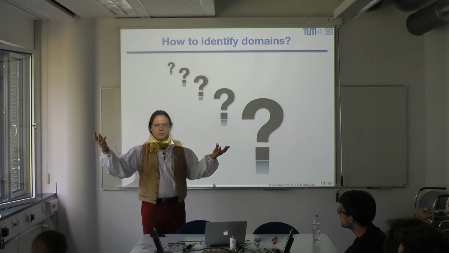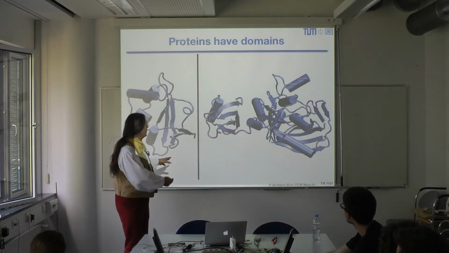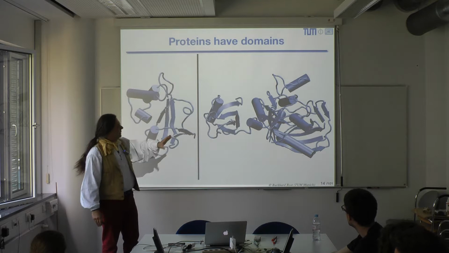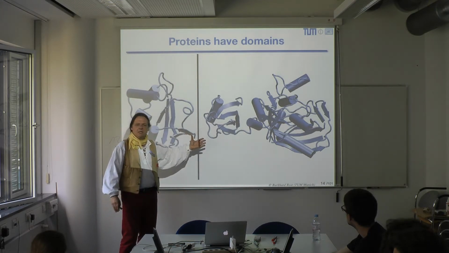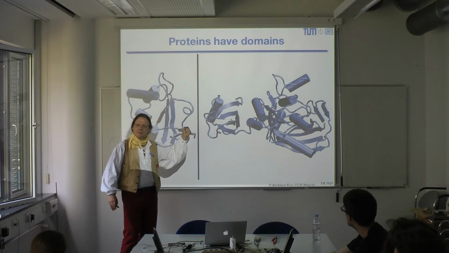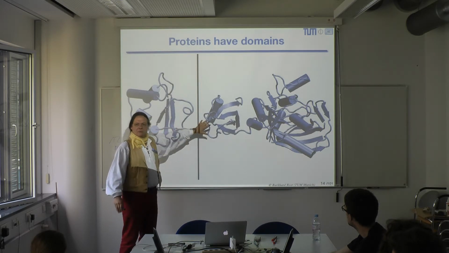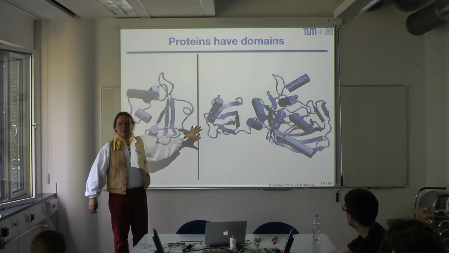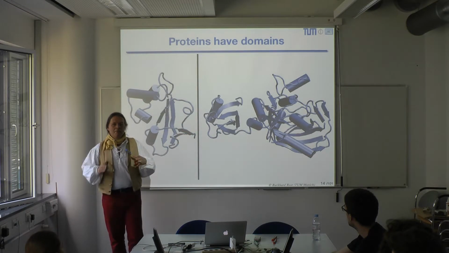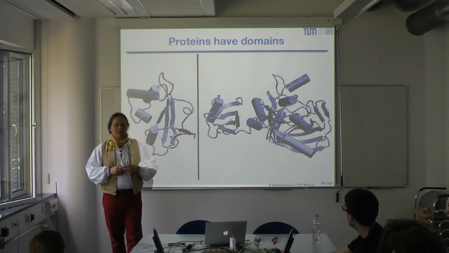So for most domain assignments, again, the idea, one idea that everybody who sees this picture immediately jumps at, is you look at the three-dimensional shape and you look for density, for local density. That's the way you define domains. And again, today is about comparison, so finding the similarity between these two domains. But for most of the proteins you obviously don't have the structure. How can you identify domains?